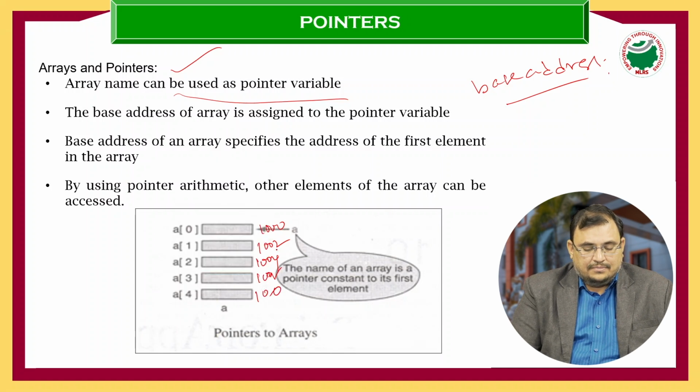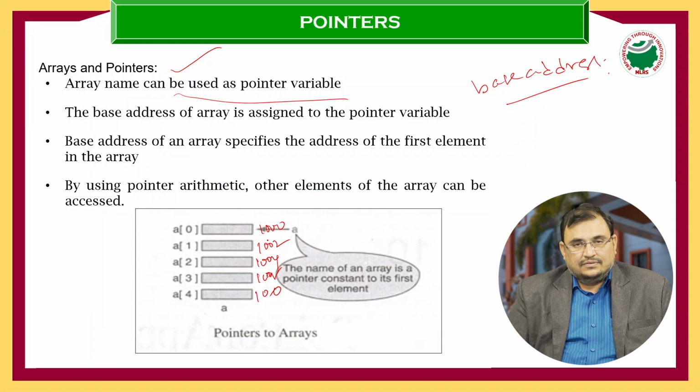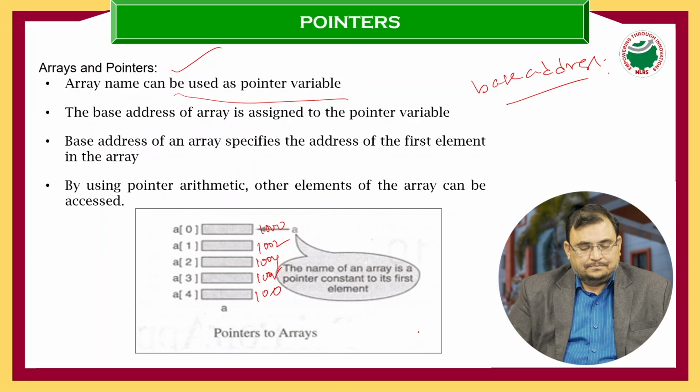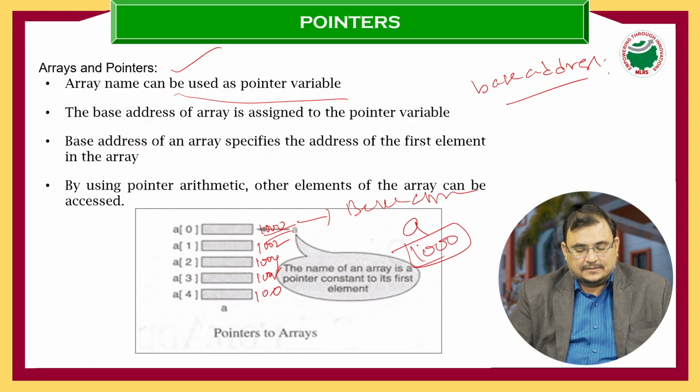I am taking 2 bytes because if it is implemented on a 16-bit machine, an integer occupies 2 bytes. An array is a group of elements of the same type, so continuous memory is allocated for the array. This 1000 is called the base address, and the name of the array holds this base address.